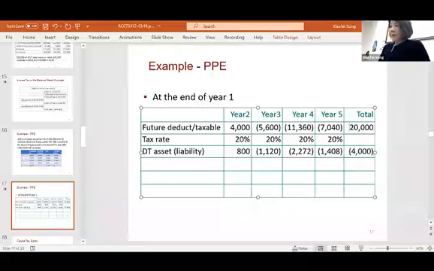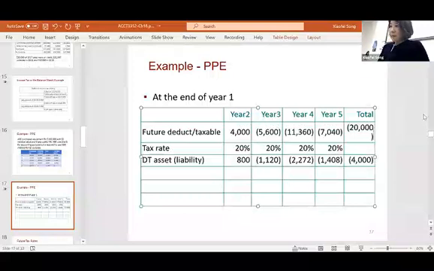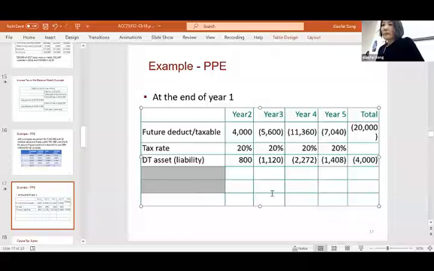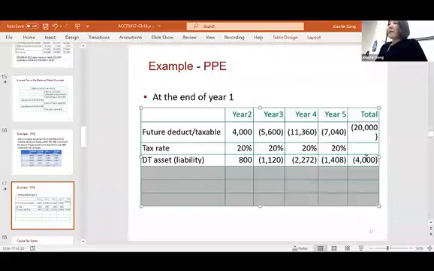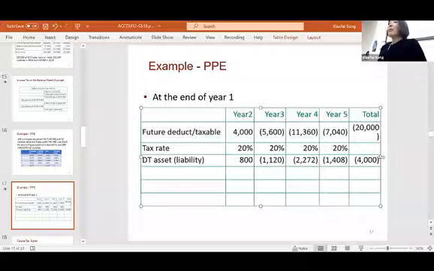Don't forget, this is a future taxable amount. Obviously, because the tax rate is the same, you could use the total future taxable amount of 20,000, and at the 20% tax rate, we have a deferred tax liability of 4,000. That would be okay if the tax rate is the same every year.